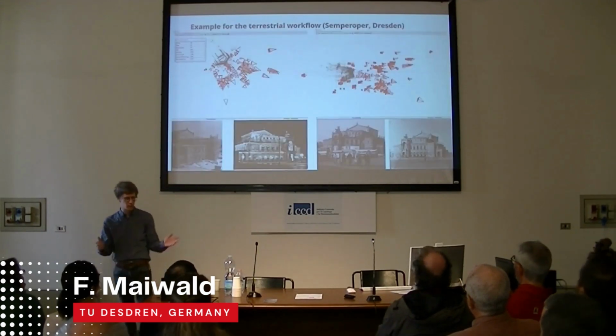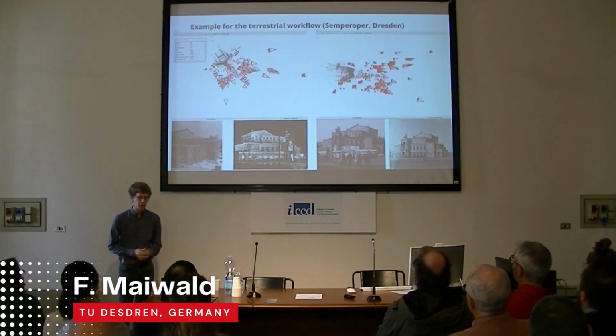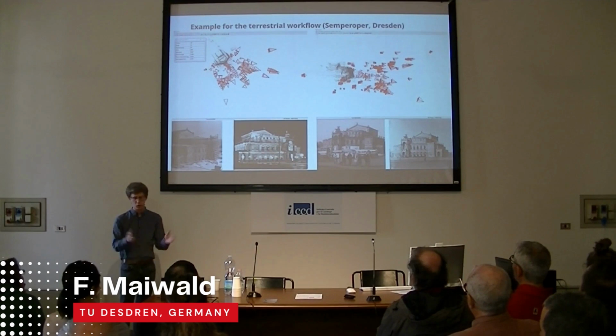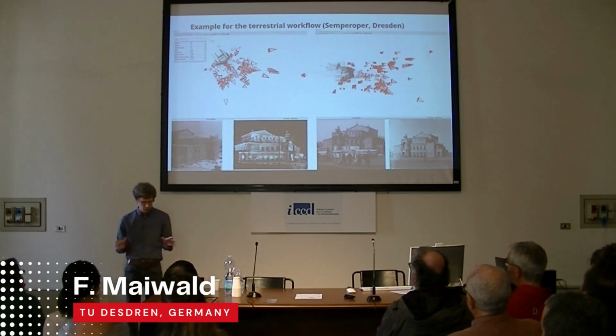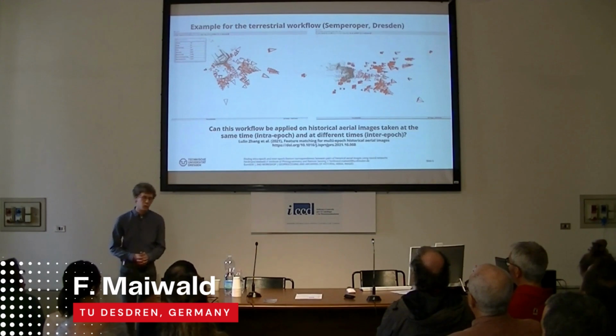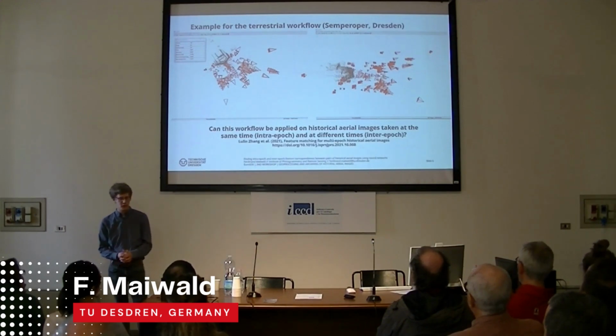And this is an example of what I did, what is the quality of these terrestrial images, and how the scene looks in our structure from motion workflow. So this is not Metashape or ArcGIS, but COLMAP, which is mainly used in the computer vision community. And now we have the question, can this workflow be applied to historical images taken at the same time and at different times?